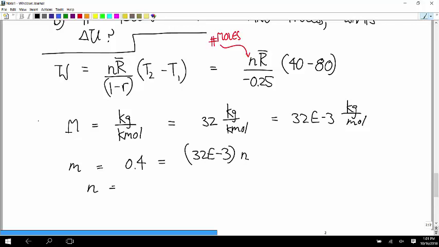So N is equal to 0.4 divided by 32 times 10 to the minus third. What do you get for that? 12.5.